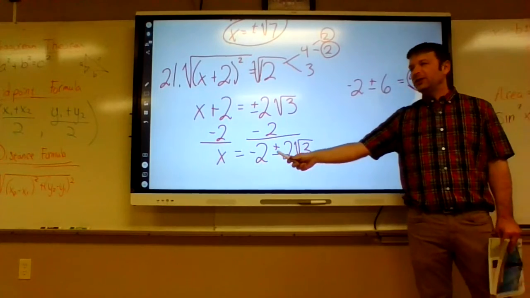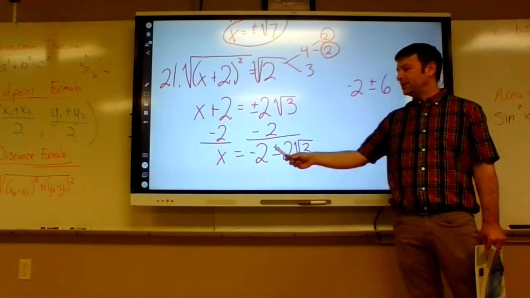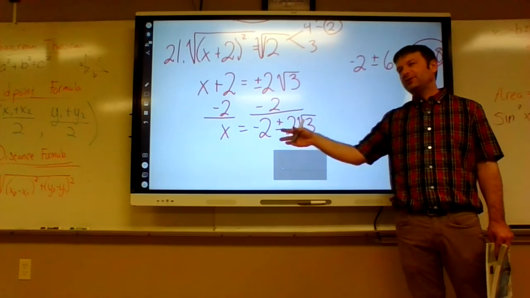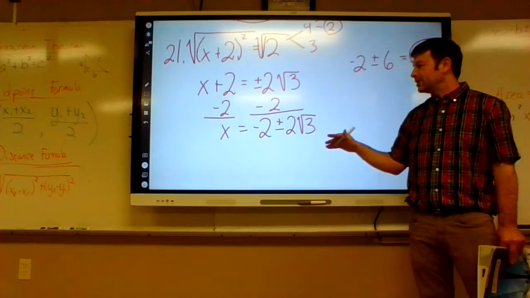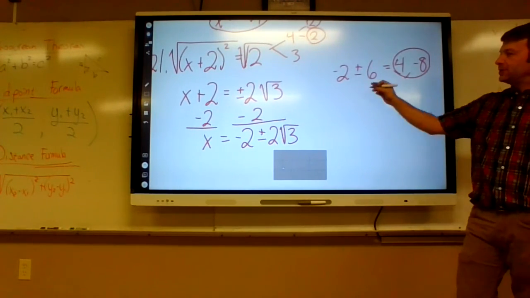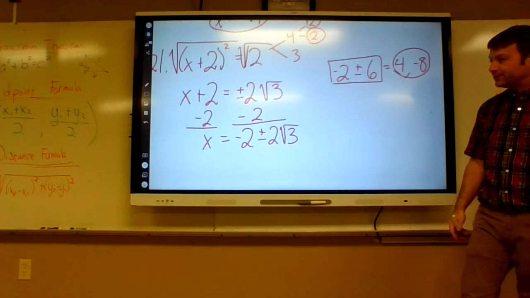Now, notice this actually does stand for two different answers. Negative 2 plus 2 square root of 3, negative 2 minus 2 square root of 3. We could change it to a decimal, but we're not going to. This one you just write the two answers. If you can simplify it all the way, you need to do that.